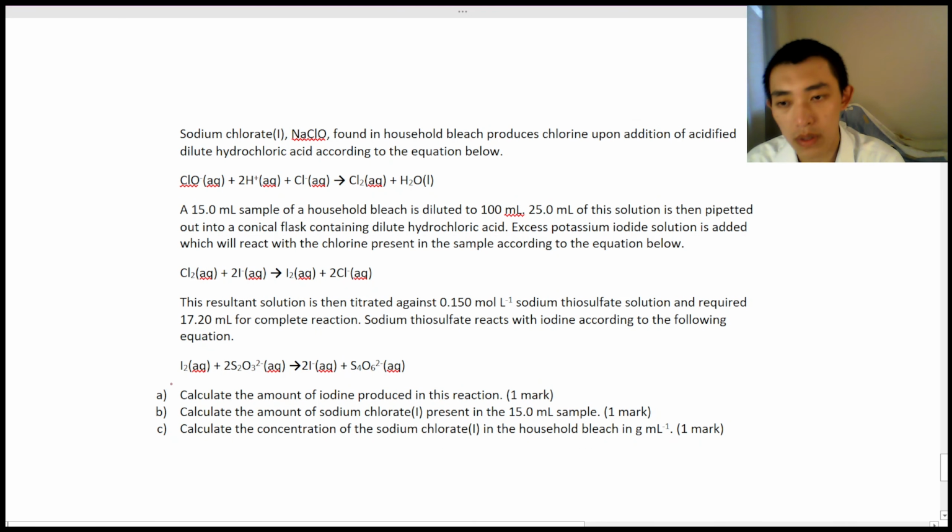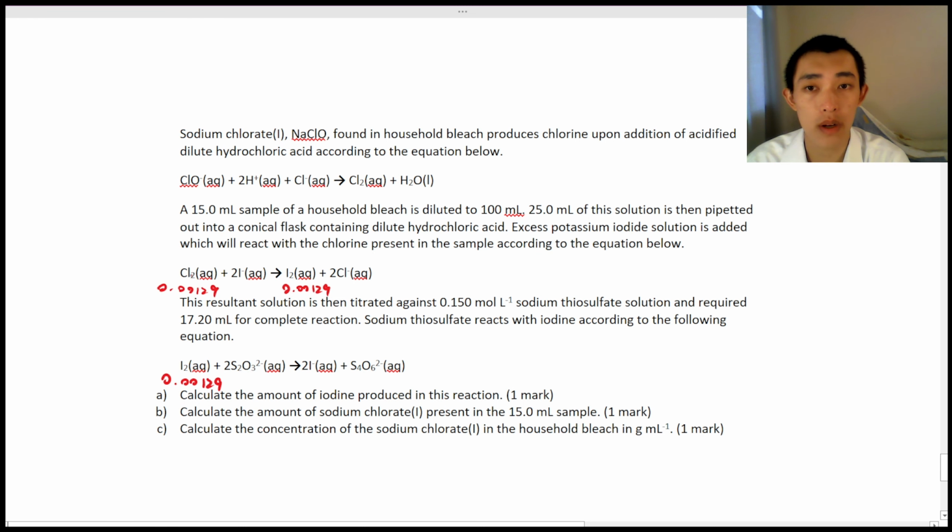So if there was 0.00129 moles here, these moles must have come from here, right? 0.00129, which by molar ratio must mean there must be 0.00129 moles here as well. And this number of moles must have come from here, 0.00129, right?